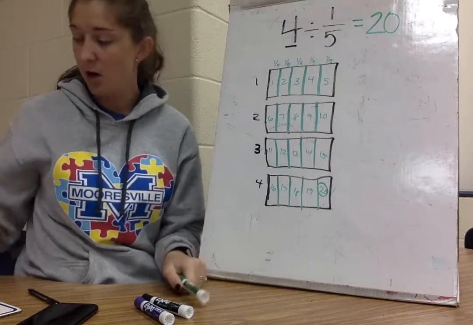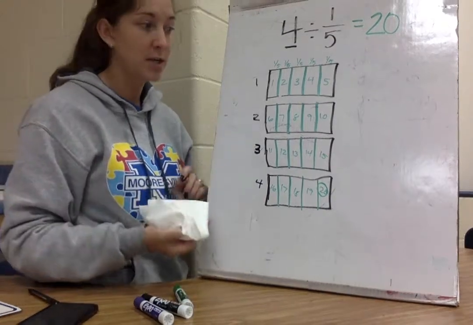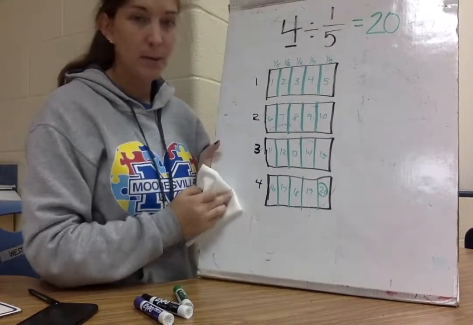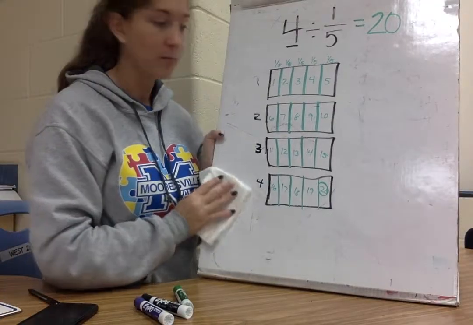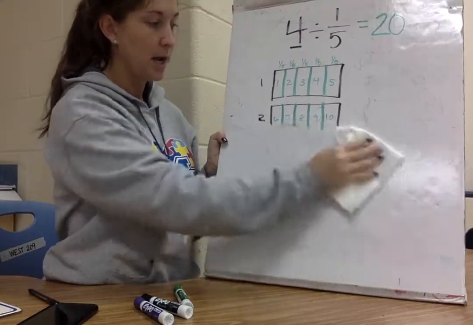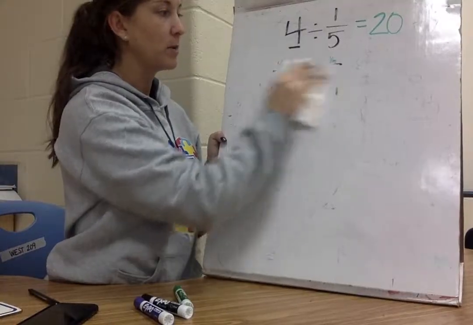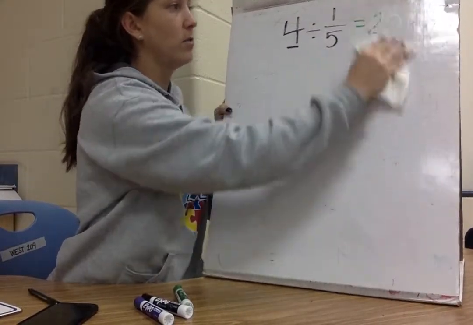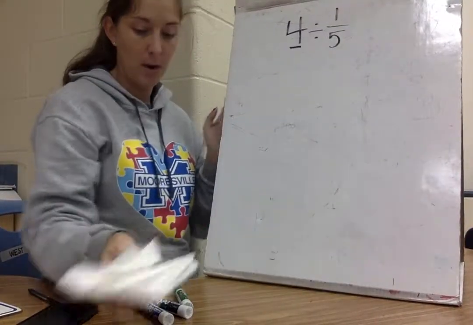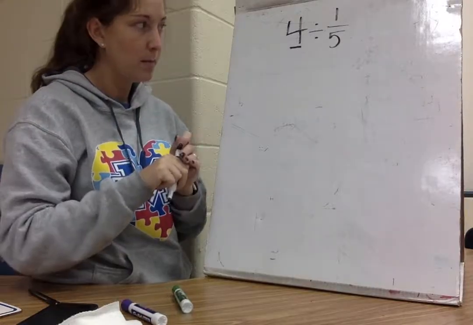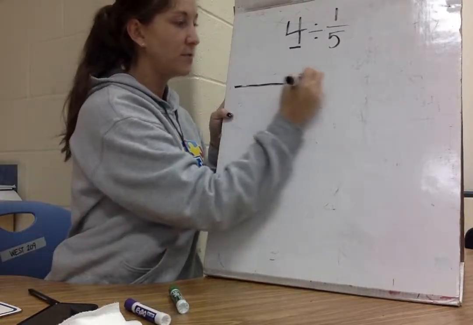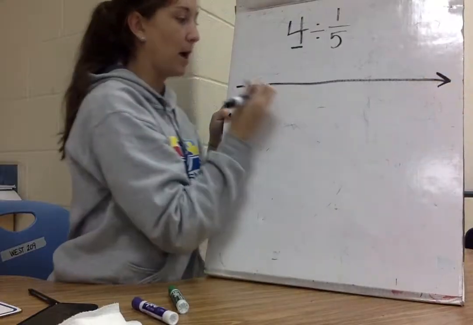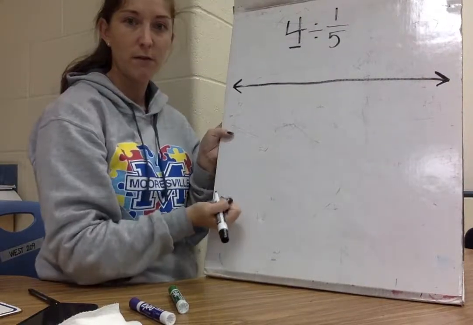Now, I can also take this problem and represent it on a number line. This type of model is what we call an area model, okay? So I'm going to erase my area model and replace it with a number line. On my number line, I still have to remember that I have to represent my whole number being 4.